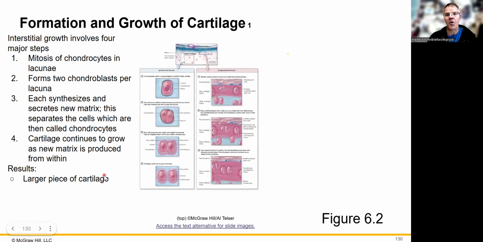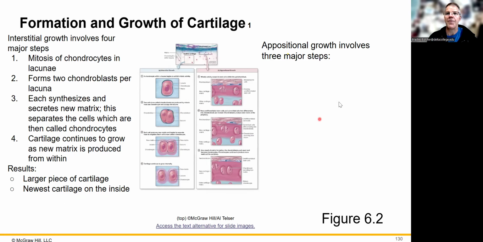This results in larger pieces of cartilage, and the newest cartilage is on the inside, deep within. Now, appositional growth involves three major steps as well. You have mitosis of stem cells deep in the perichondrium. Stem cells, remember, are cells that have not really decided yet what kind of cells they're going to be.